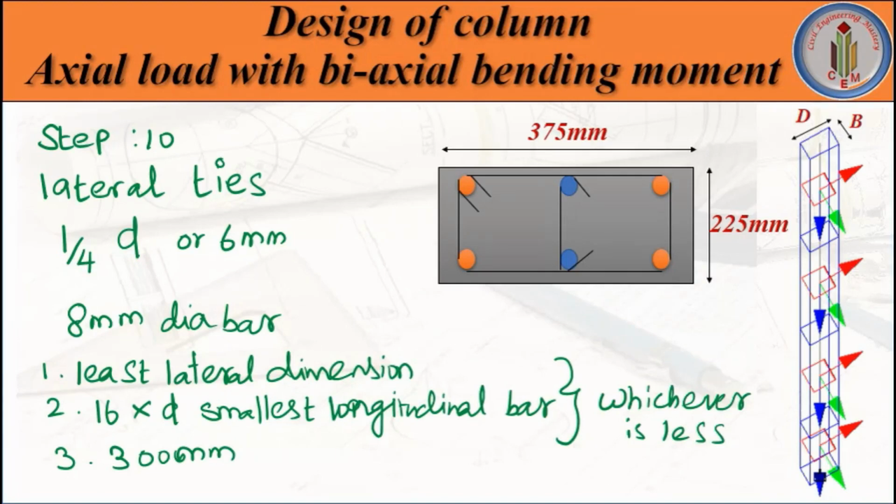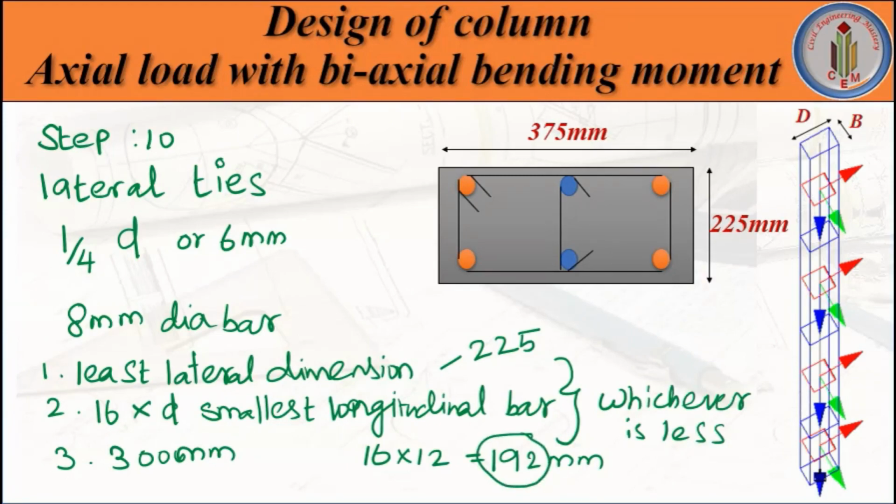Least lateral dimension is 225, and 16 times smallest longitudinal bar, we have 12, which is 192, or 300. So among these three, this is the least value, 192 mm.